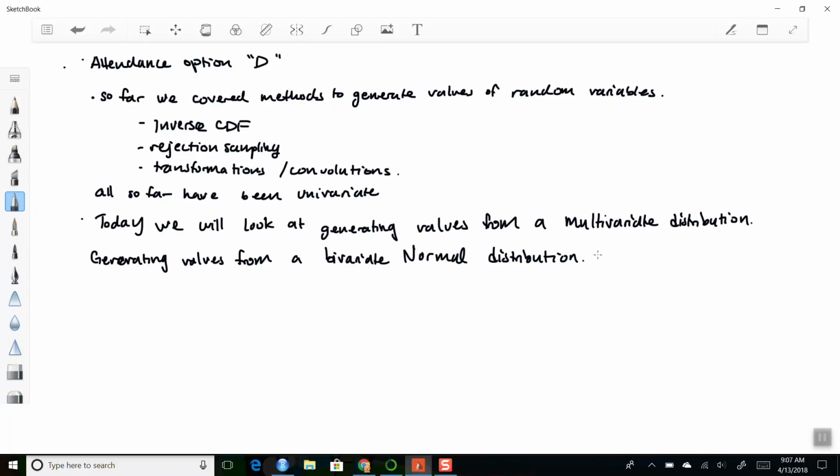No? Yes. Maybe. Okay, well, for a bivariate normal, what do we have? We're going to generate variables x1 and x2. x1 and x2 come from the normal distribution. We might put a little subscript 2 here to indicate this is a two-dimensional normal.